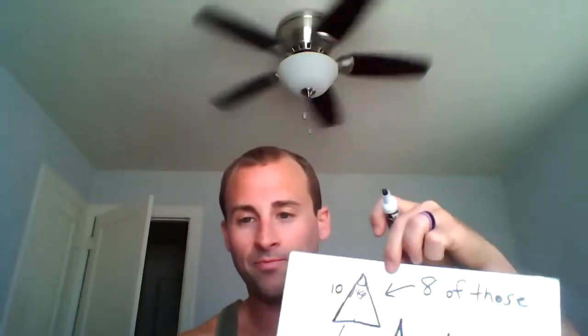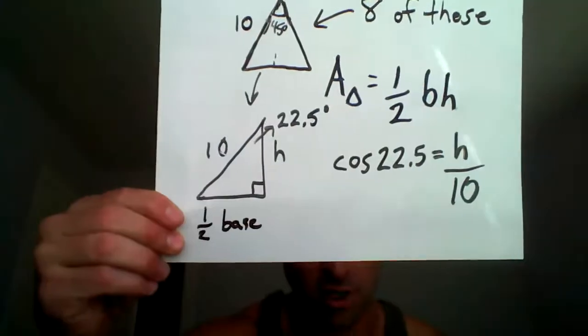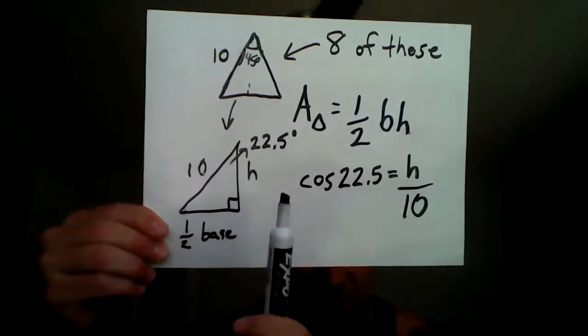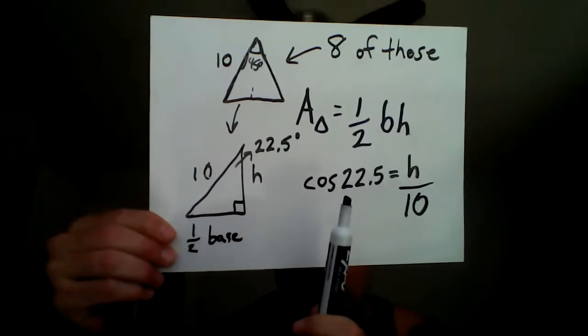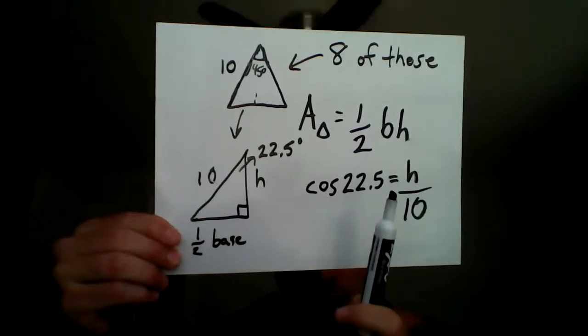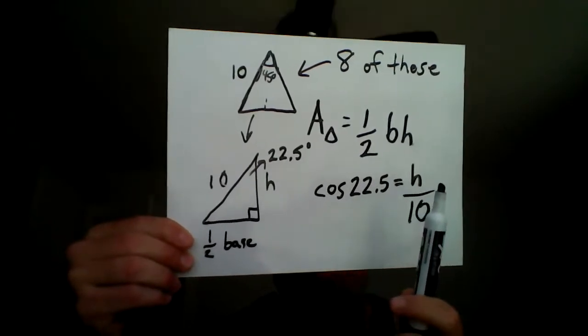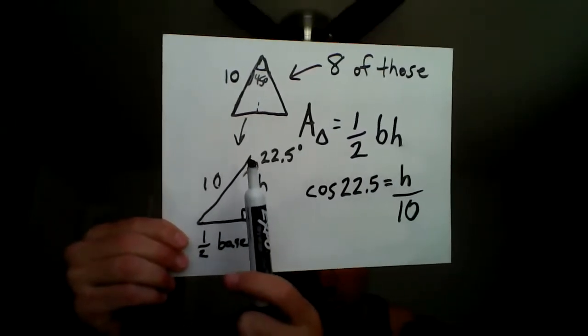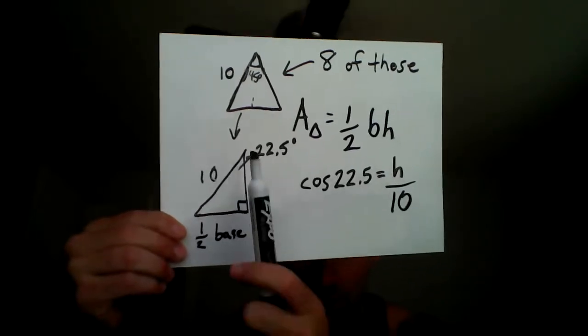So that means we're going to set up our equation. We're going to say cosine of 22.5 equals the adjacent over the hypotenuse. So cosine 22.5 equals, and then remember the side that's adjacent to 22.5 is the side next to it.